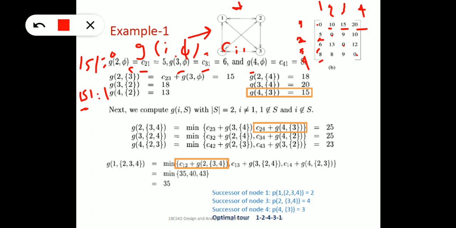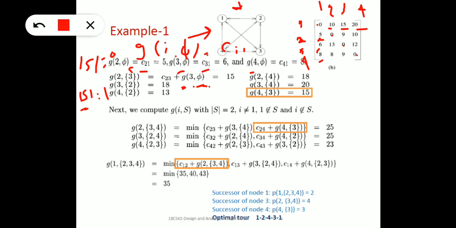So this time we try to find the minimum of Cij, that is C23 plus g of j comma S minus j. So it becomes g of 3 and S has a single element 3 in it, minus 3 is null, right? So you remove the element 3 from the set, so it leaves you null. So the function now reduces to g of 3 null.